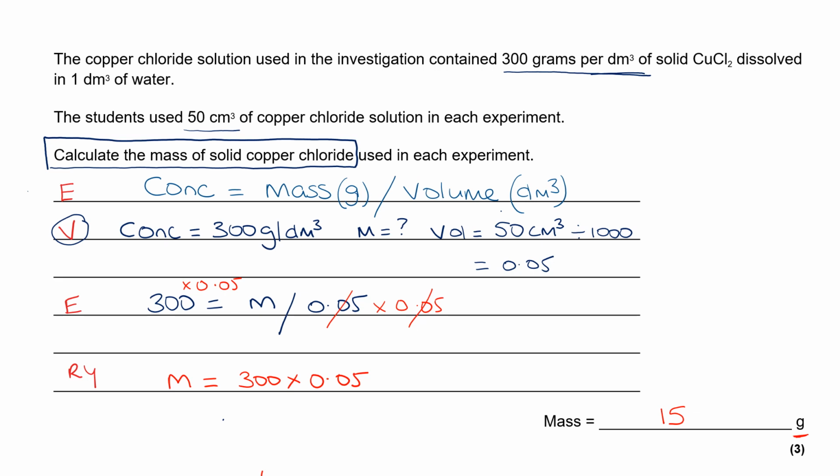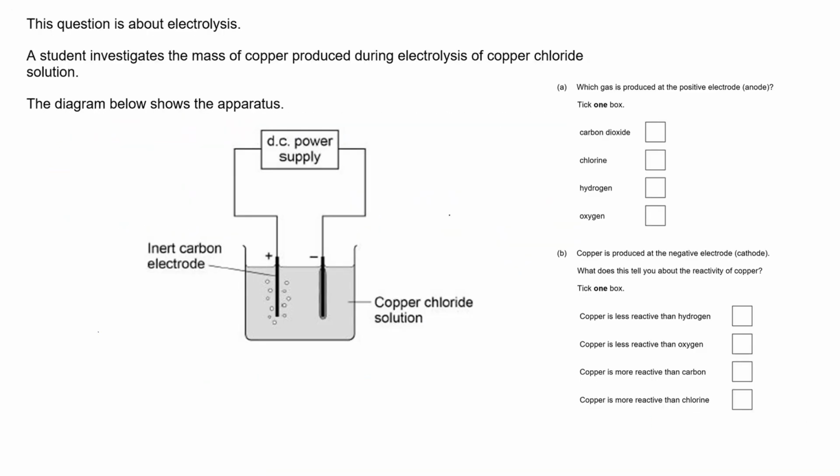I've included this question in order to recap some of the basics of electrolysis and redox reactions from the chemical changes topic. If you remember, in the first part of this topic, we looked at what we meant by redox reactions, where we used the acronym OIL RIG.